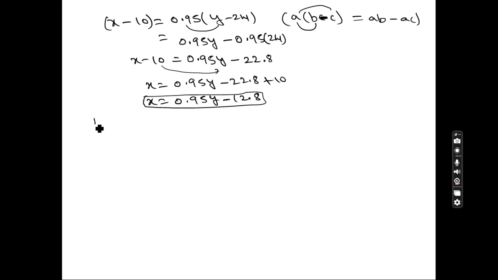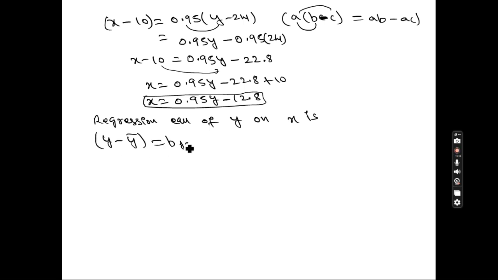Similarly, what we have to find? The regression equation of y on x. What is the formula? y minus y bar is equal to byx into x minus x bar.